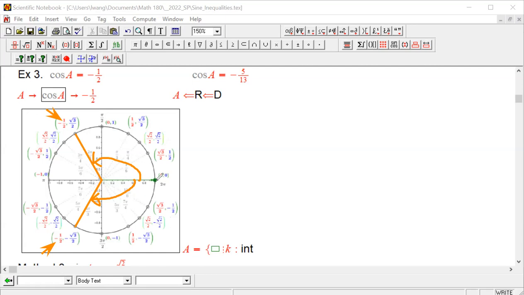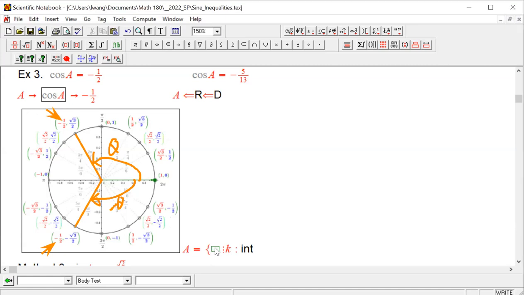If this is theta, this will be negative theta. Do you guys see that? How do we represent theta? It's not special. Oh, by the way, it is special, sorry. So what is theta? We measure it, it's 2 pi over 3.